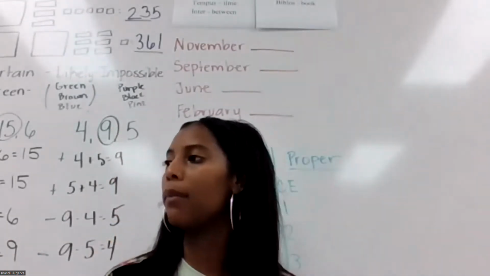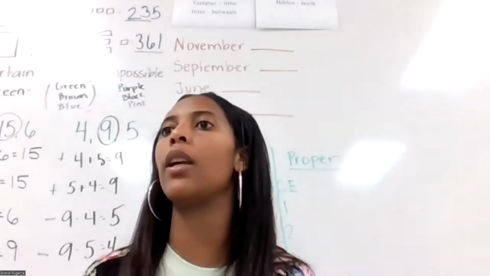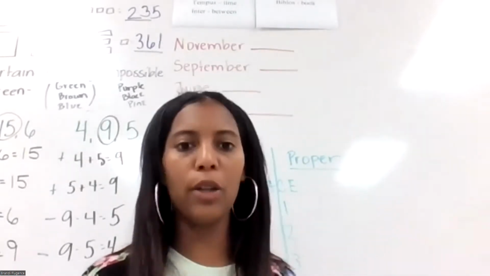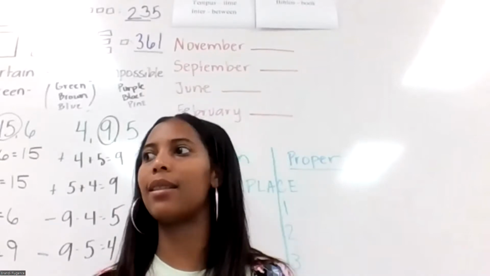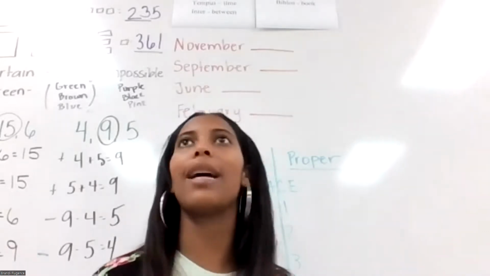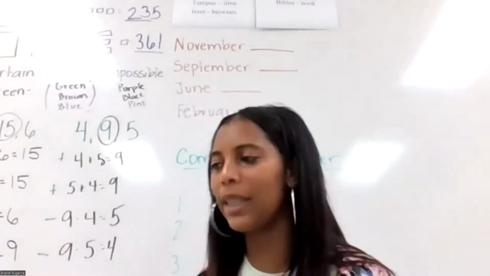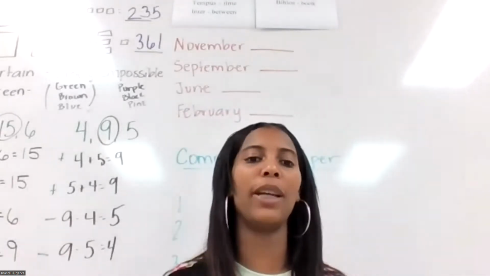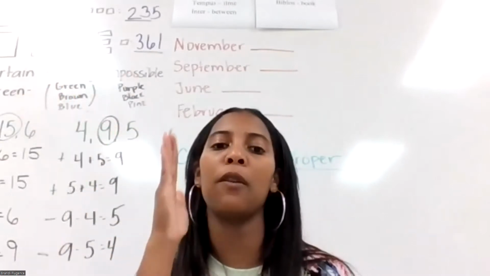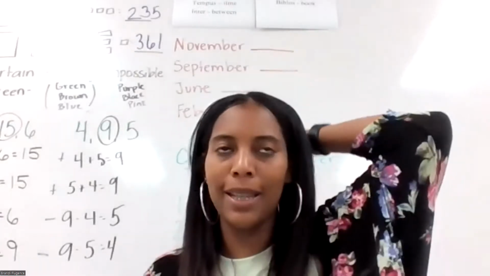We always start with a capital letter, and then the first 3 letters of the month, and then you finish it with a period. You put the dot at the end of it.